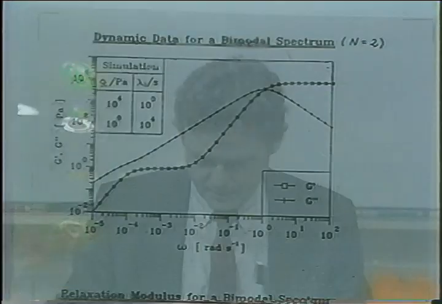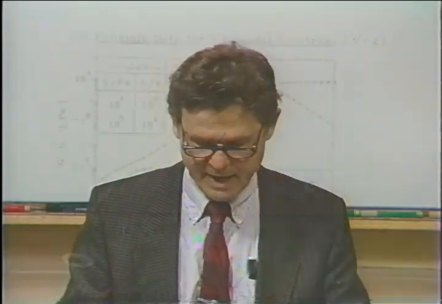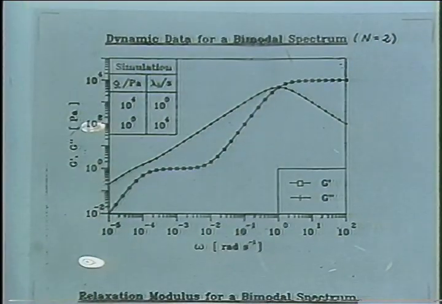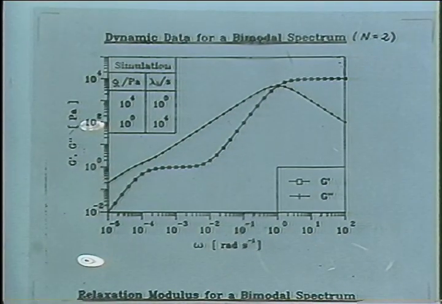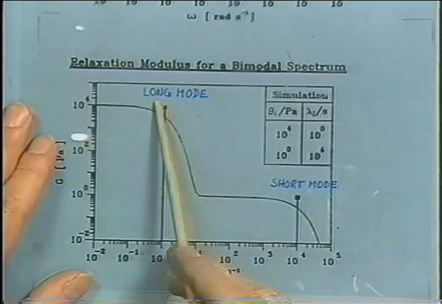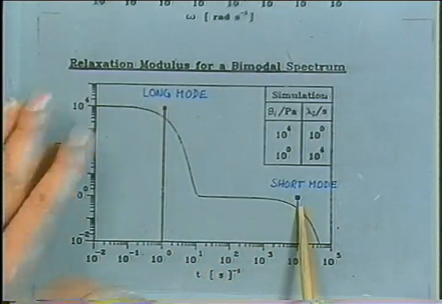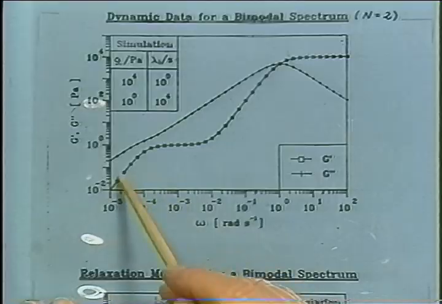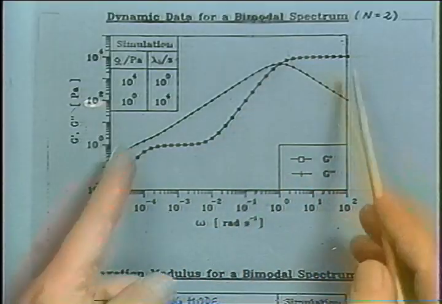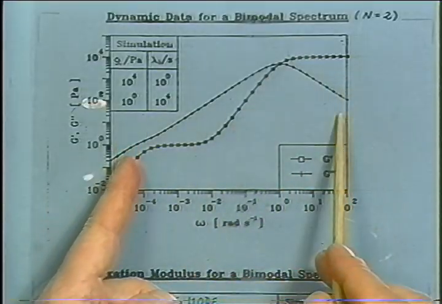Another extreme case, I'm done in a moment, but I just want to bring this to a conclusion. So another extreme case is shown here. We take a spectrum which consists of just two modes. It has a long mode and a short mode, and we calculate G prime, G double prime data points in a reasonable frequency window.